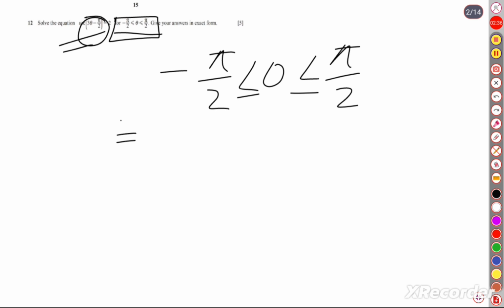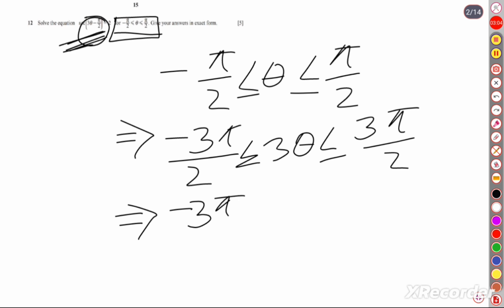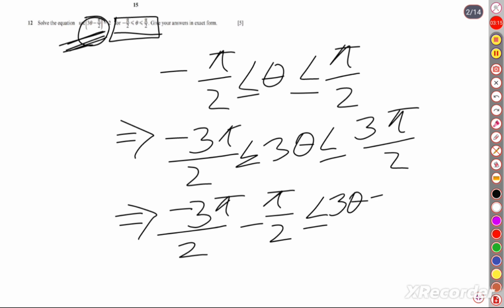First it is enlarged by 3, so we multiply all sides by 3 and get −3π/2 ≤ 3θ ≤ 3π/2. Then there is a translation by −π/2, so we add that to all sides: −3π/2 − π/2 ≤ 3θ − π/2 ≤ 3π/2 − π/2.